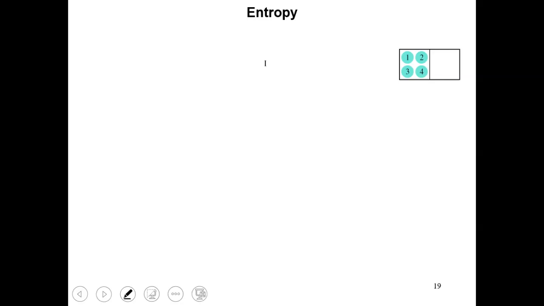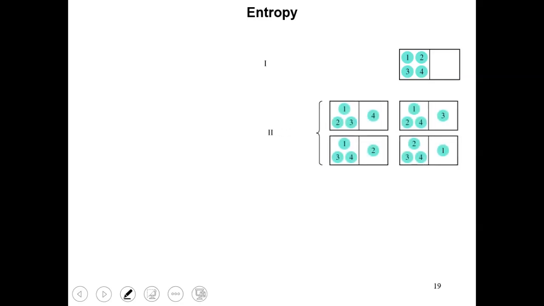Notice that there's only one way that you can achieve that, right? They're all on the left side. Now, what about having one of the molecules in one chamber and the other 3 in the other one? As you can see, there's several ways of doing that because any one of the 4 molecules could be the one on the other chamber while the other 3 are left. So there's, according to this, let's say 4 possible arrangements.